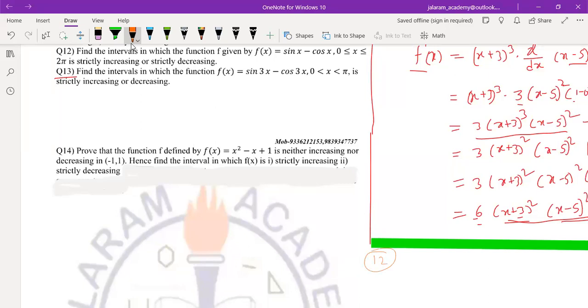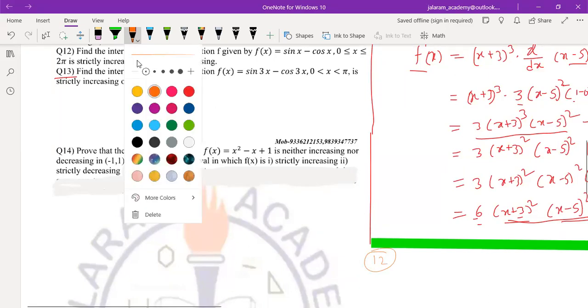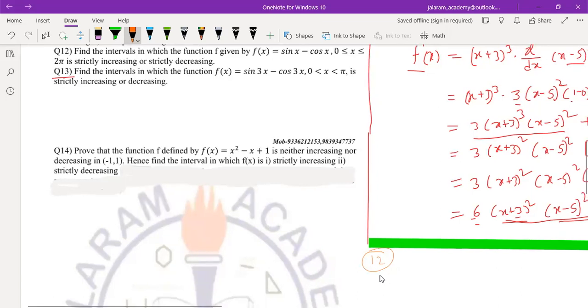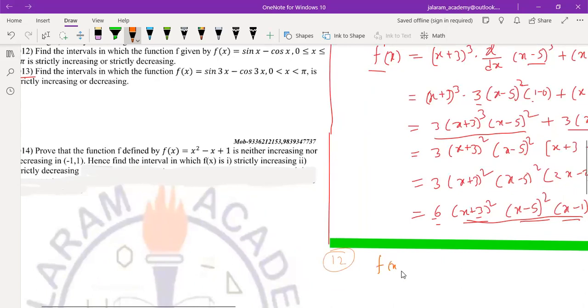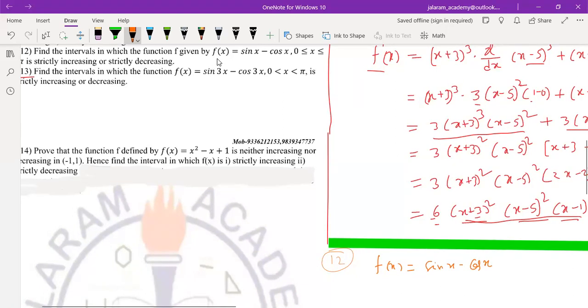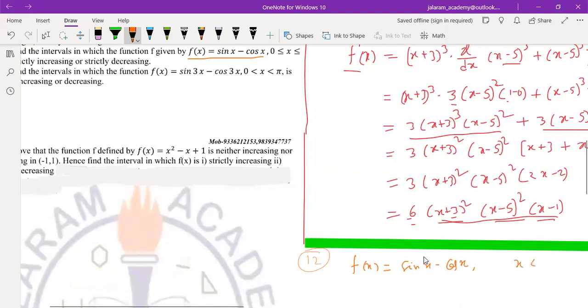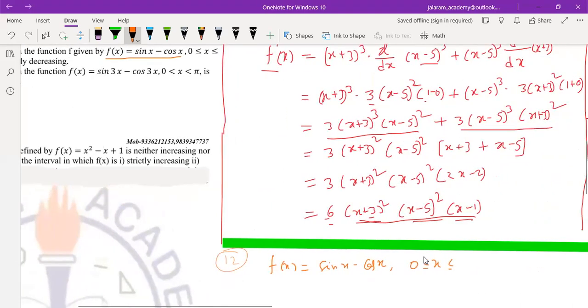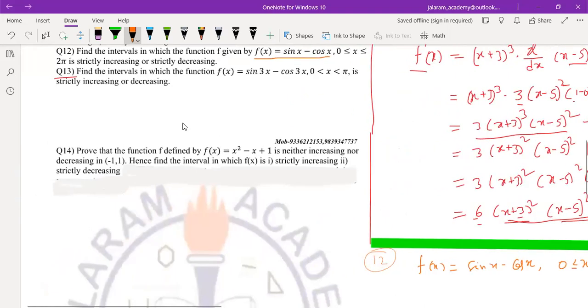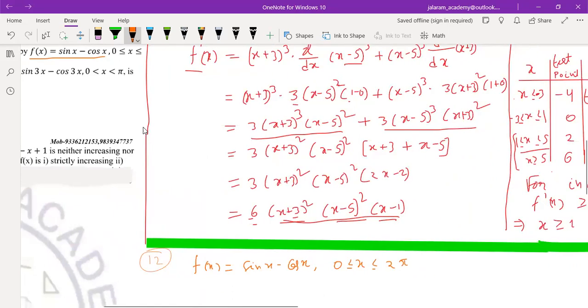Read question number 12. Find the intervals in which the function f given by f(x) equals sin x minus cos x, where x lies between 0 to 2 pi, is strictly increasing or strictly decreasing.